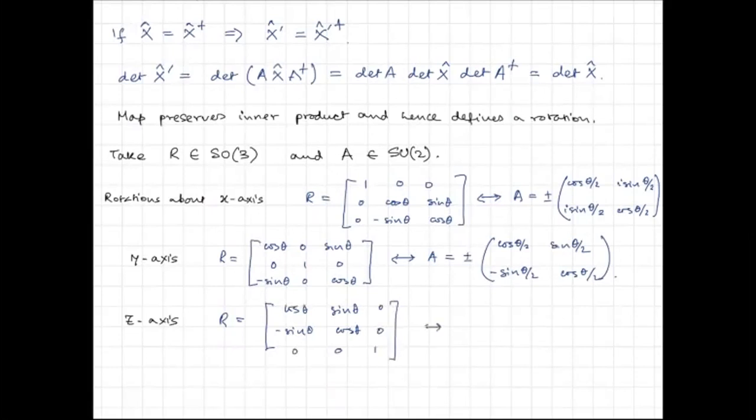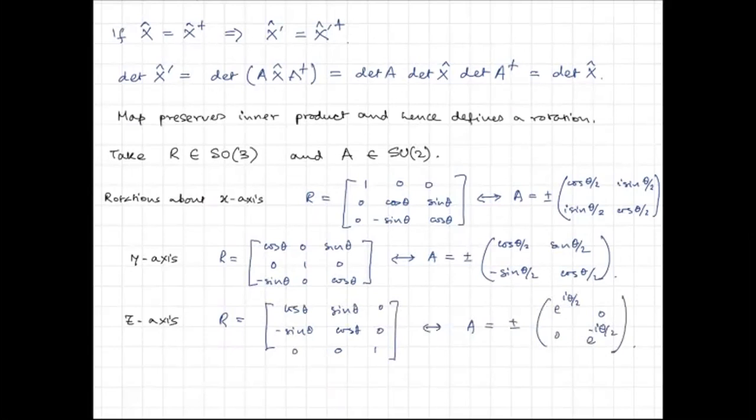So this actually translates into A equals plus minus [e to the I theta over 2, 0; 0, e to the minus I theta over 2]. Very good.